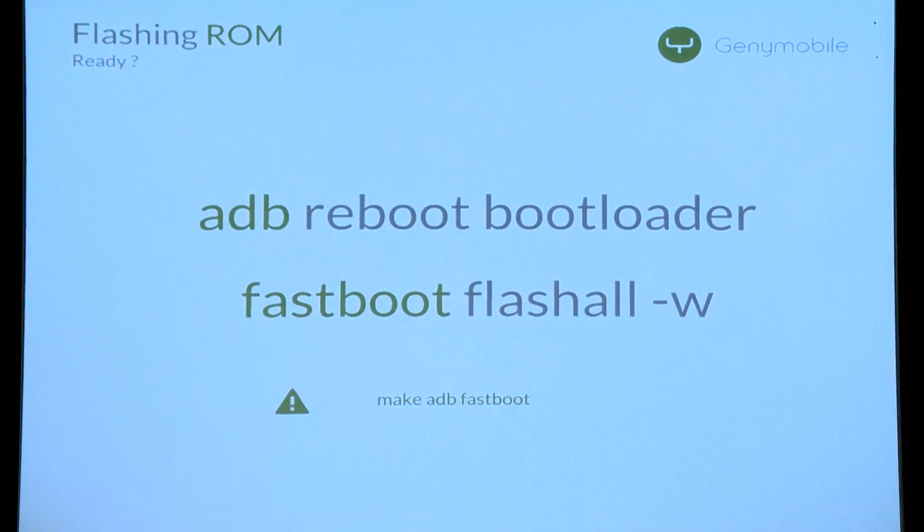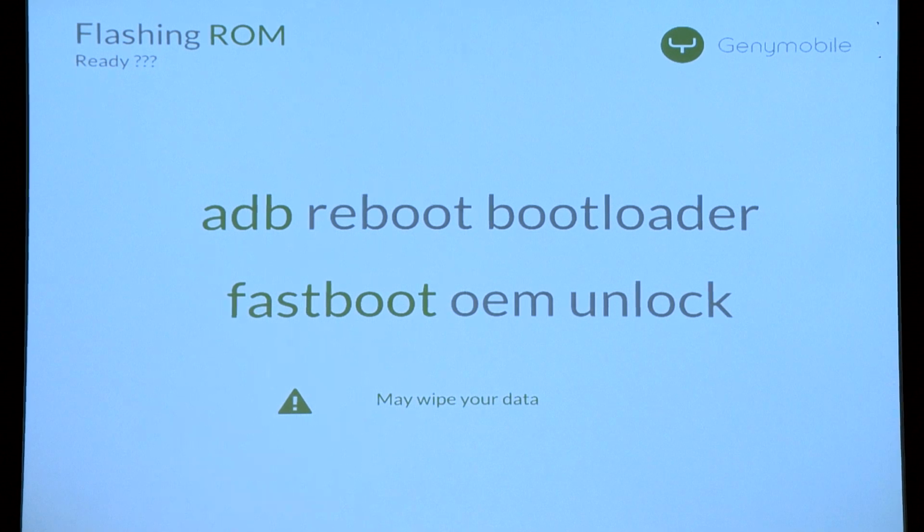If the adb and fastboot commands are not already in your environment, you can build them using the make command just behind. In fact, the last command will not work because your bootloader is configured to only load ROMs that have been signed, that have been certified to work on your phone or your tablet.